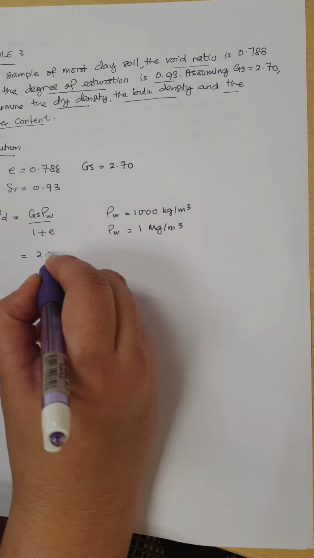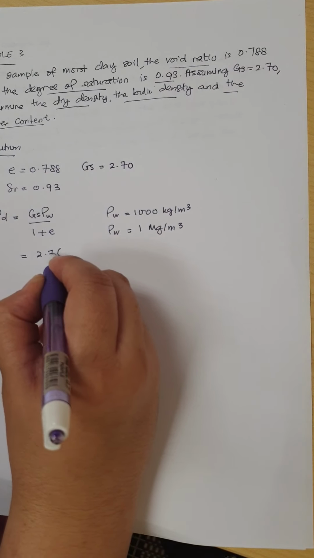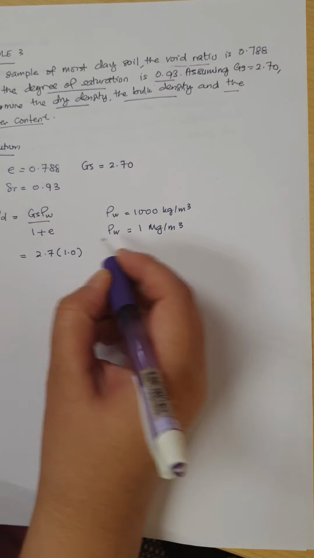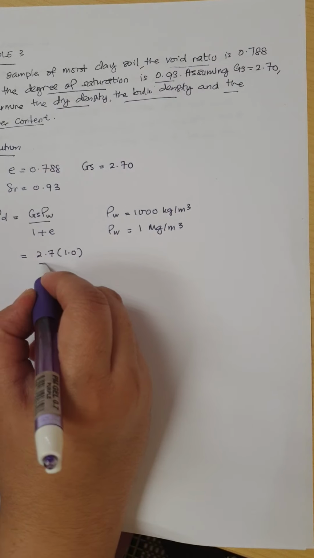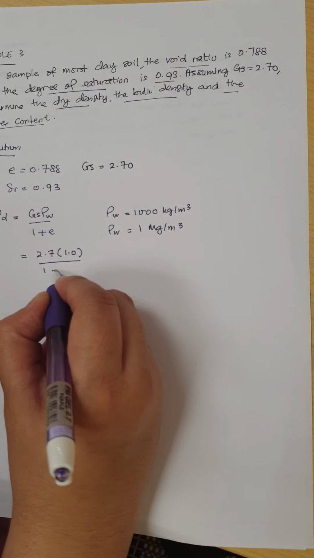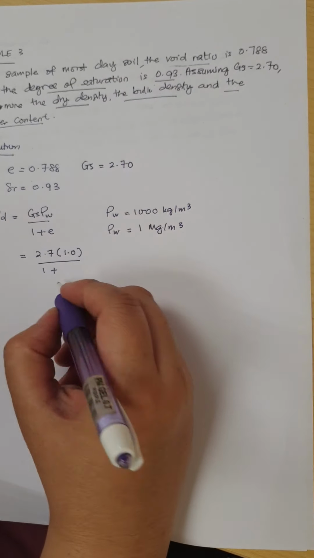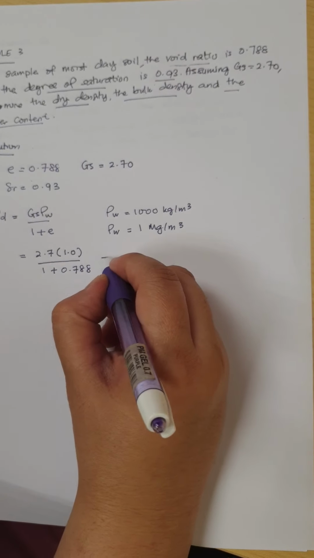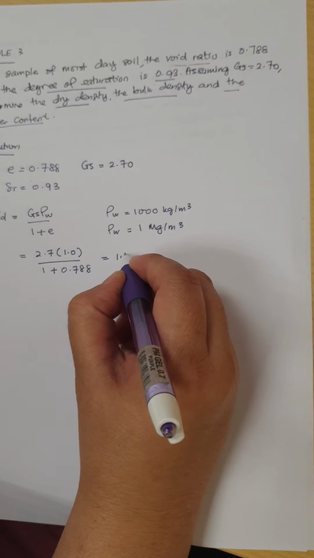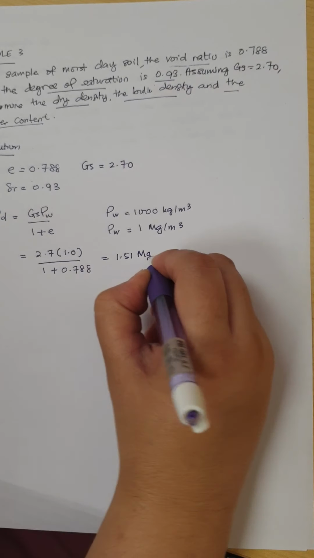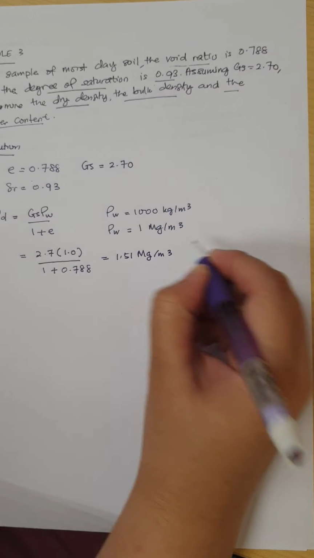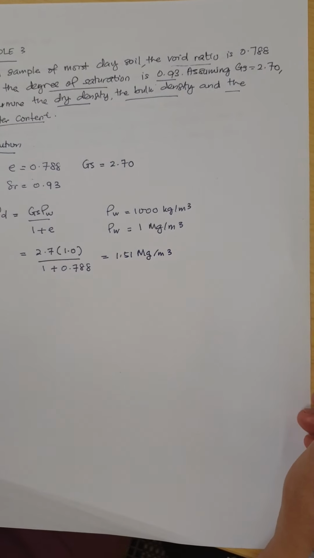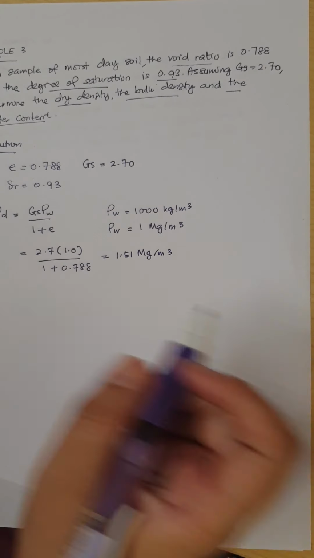So Gs 2.7 multiplied by 1, because I'm using megagram per meter cubic, divided by 1 plus this is e, 0.788. So use your calculator, and then we get the value in megagram per meter cubic. Okay, that one is to answer the first question, dry density.